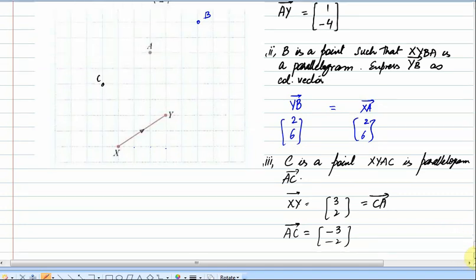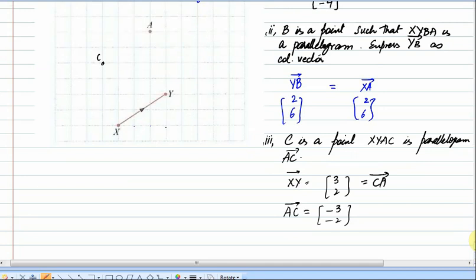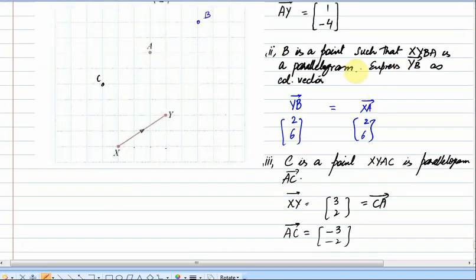Alright. Next part. Do the vectors AB and AC have the same magnitude? AB and AC. For B, AB.